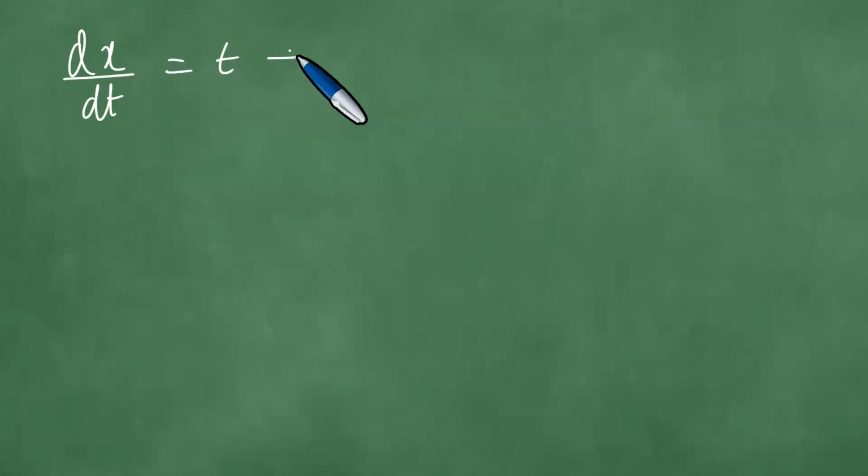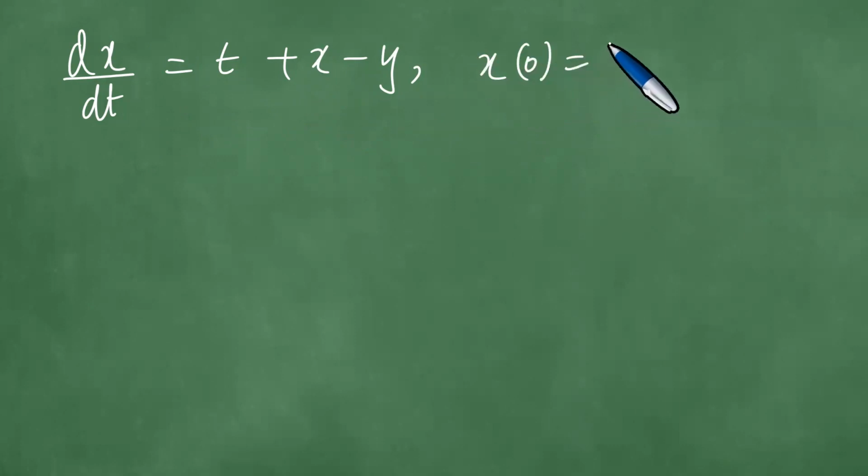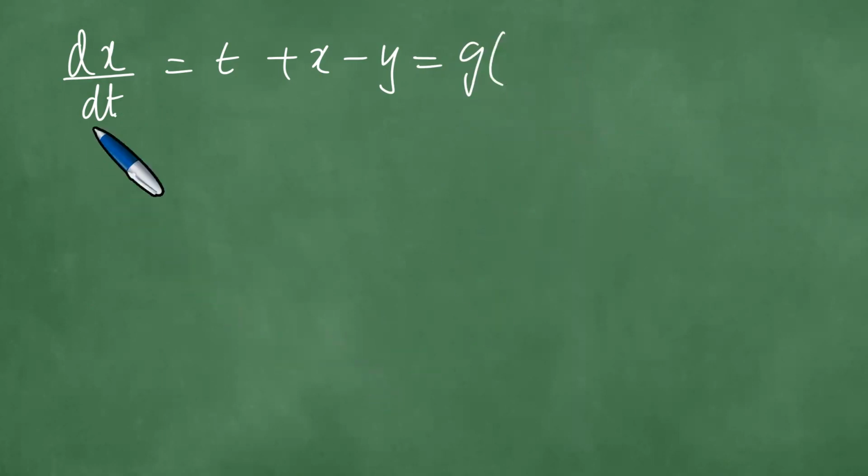So to solve this one, you have, for example, dx/dt, which is t plus x minus y, x at 0 equals 1. This one here we can call anything, so let's call this one G. And then how many variables are here?